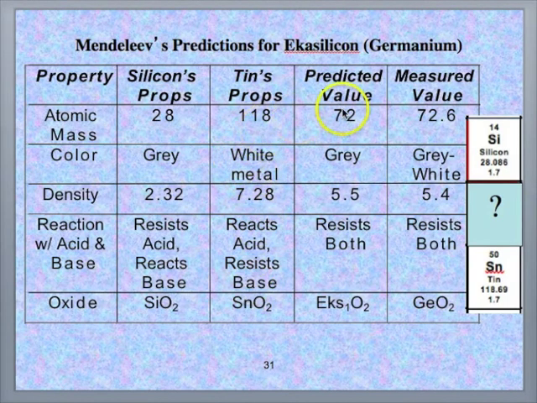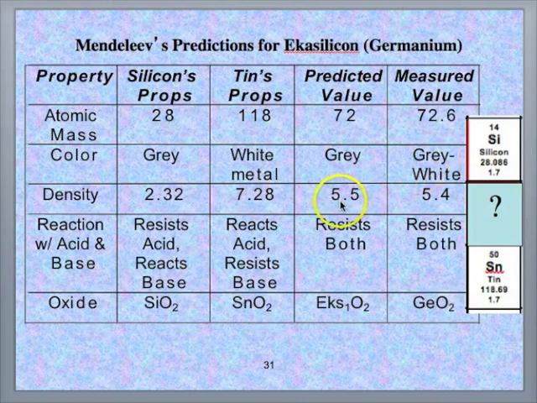From this, he was able to predict an element that had not yet been discovered, an element that was in between silicon and tin. The element turned out to be germanium, and he predicted a value of atomic mass for it of 72. The measured value is 72.6. He predicted a gray color for it. It was gray-white.